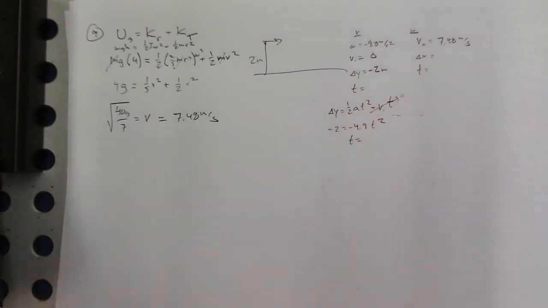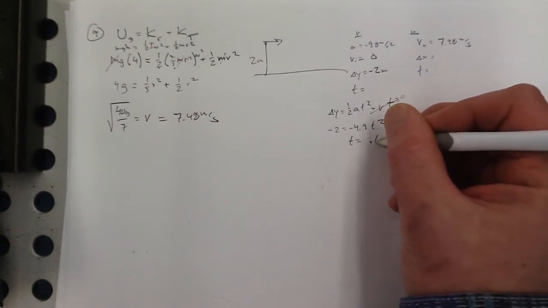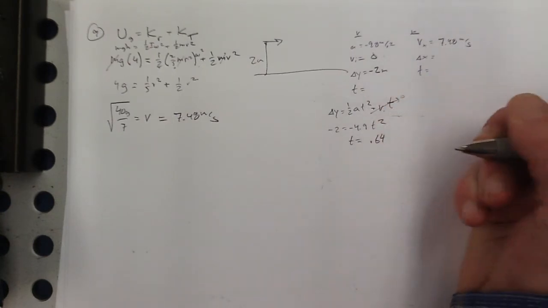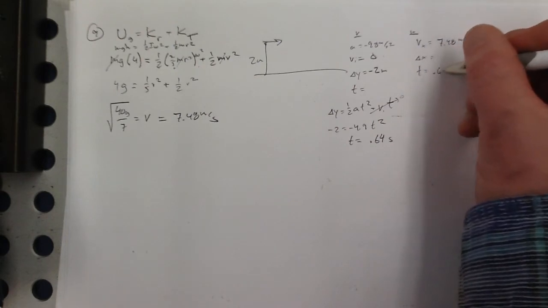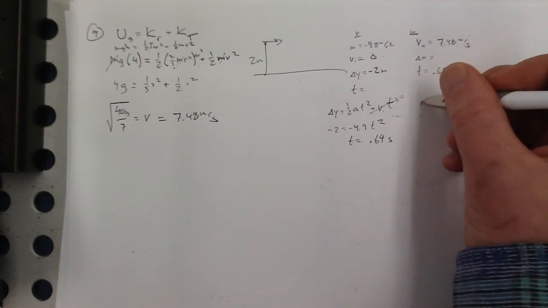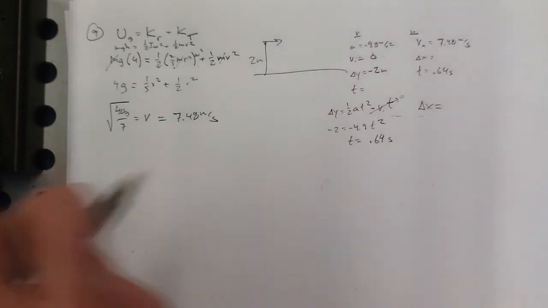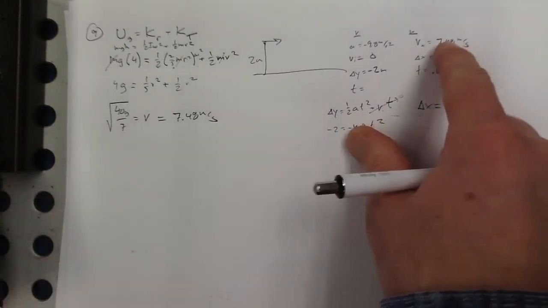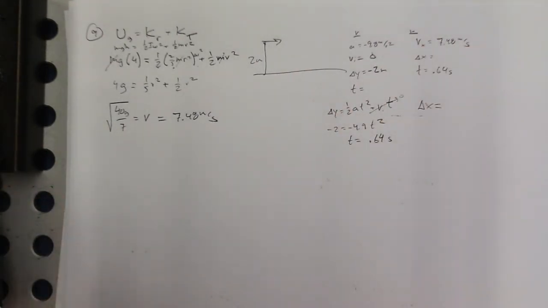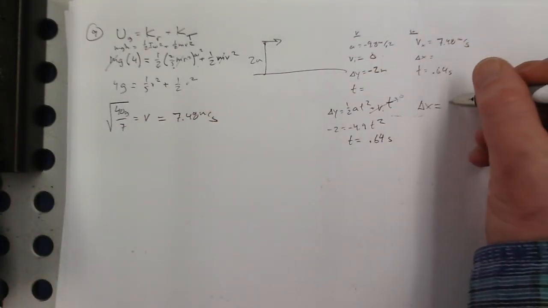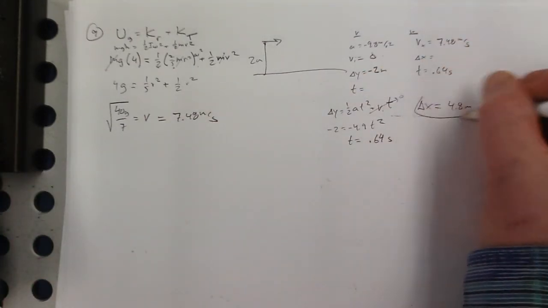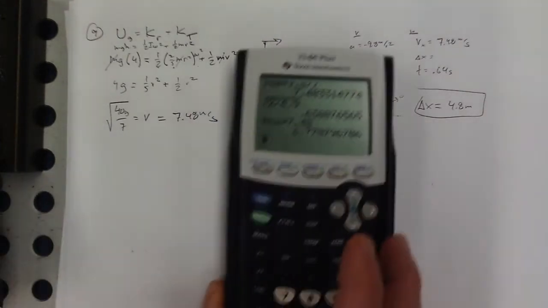So t is equal to the square root of 2 over 4.9, which is 0.64 seconds. And then if you want to know the delta x, you must multiply that by the constant horizontal velocity. So it's about 4.8 meters is what I'm getting there.